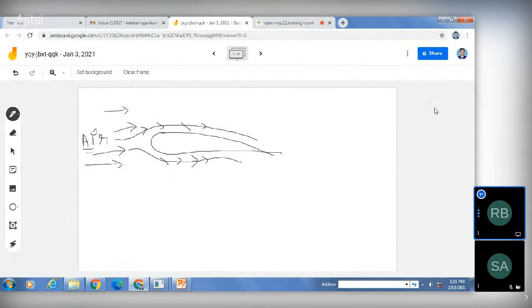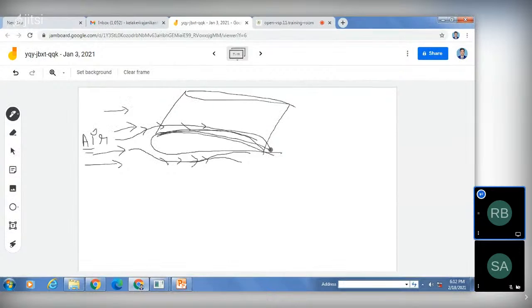So here the air travels over the top of the wing. And if I extrude this, then you can see this is our wing only. So this air, whatever I have shown here, will travel over the top of the wing farther and faster as compared to the lower surface, because of the curved shape.